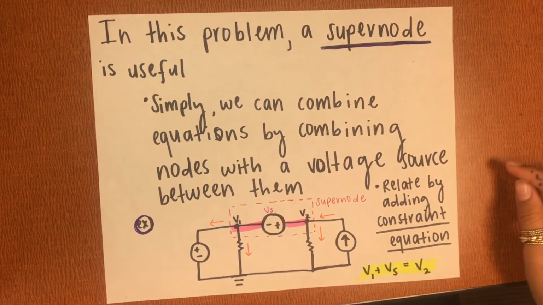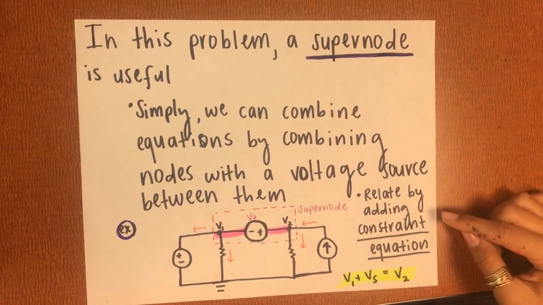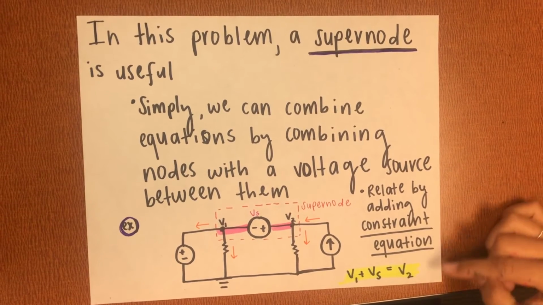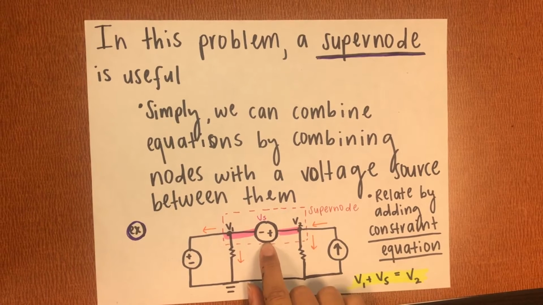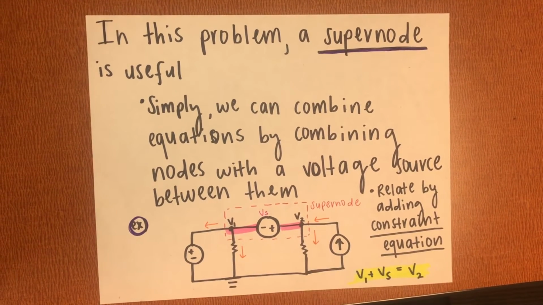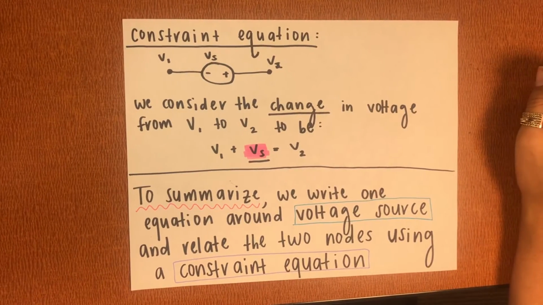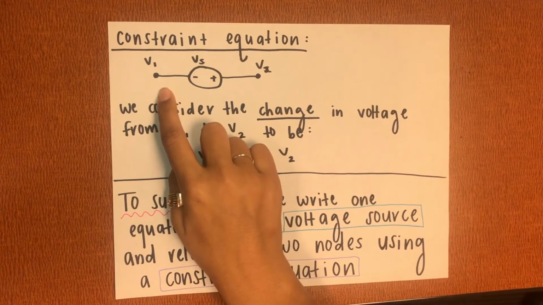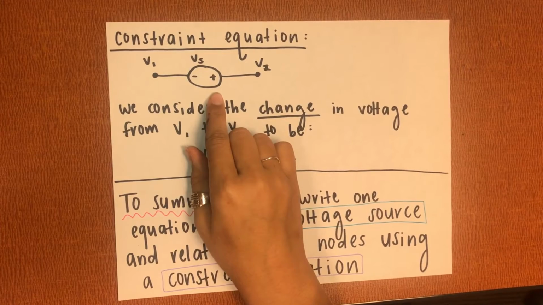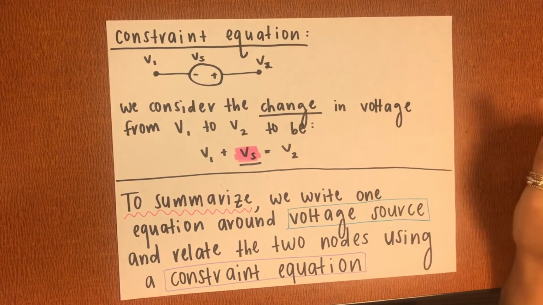The way we relate this V1 and V2 is by adding a constraint equation. This shows that from V1 to a voltage rise of Vs, that equals V2. To further explain a constraint equation, you can see that V1 with a voltage rise of Vs equals V2.